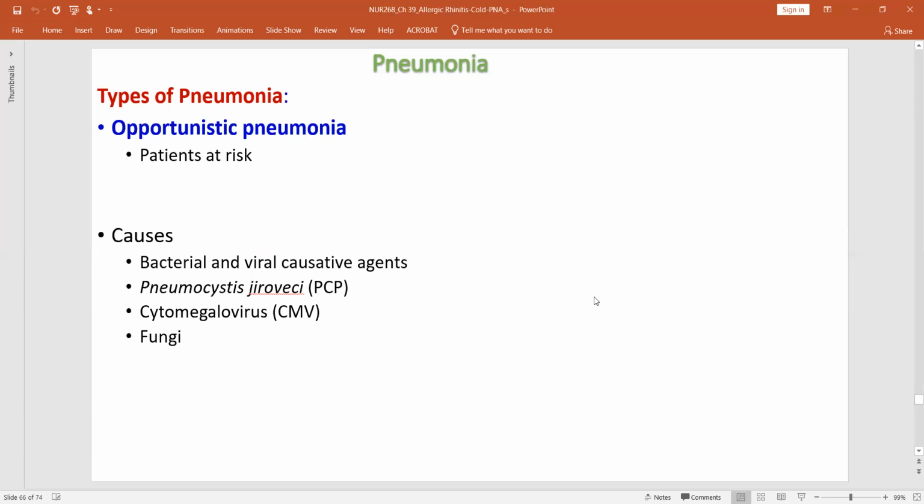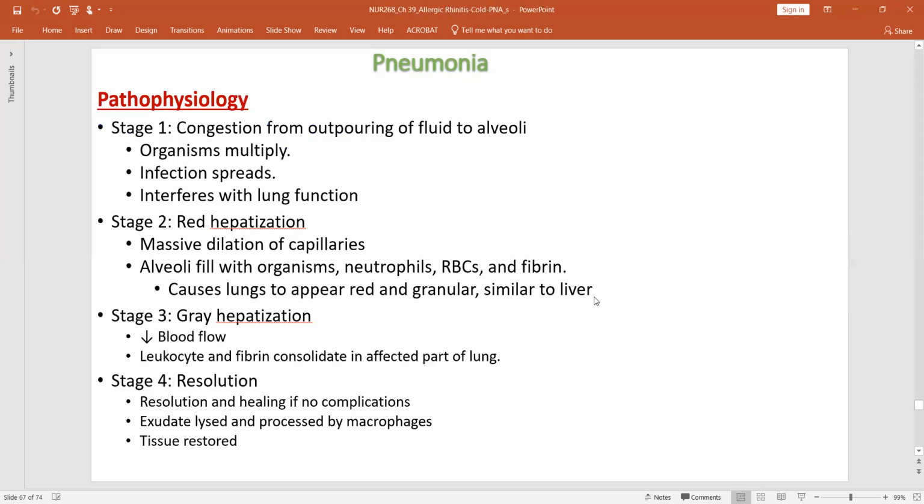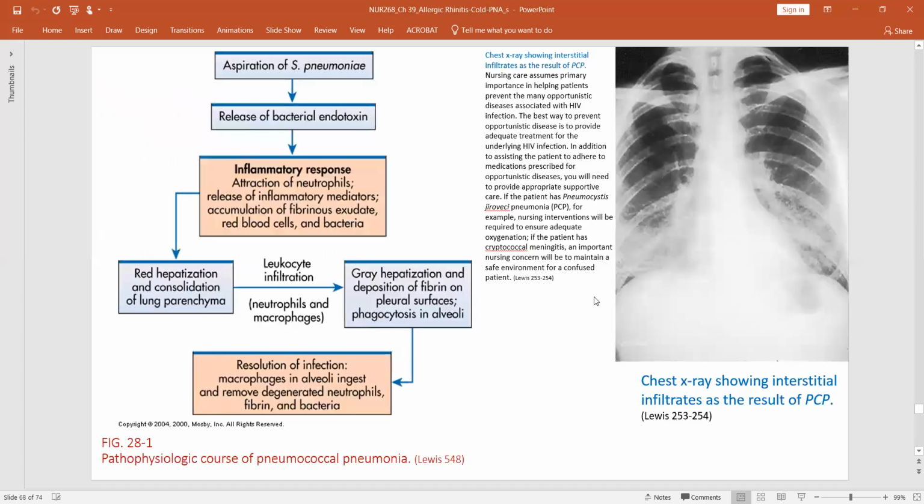Patients on long-term corticosteroid therapy are also at risk. We explained the specific causes, like PCP or pneumocystis jirovecii pneumonia, cytomegalovirus, fungal infections, and bacterial or viral agents. These are the exact causes of this type of opportunistic pneumonia. So here is the pathophysiology of pneumonia.